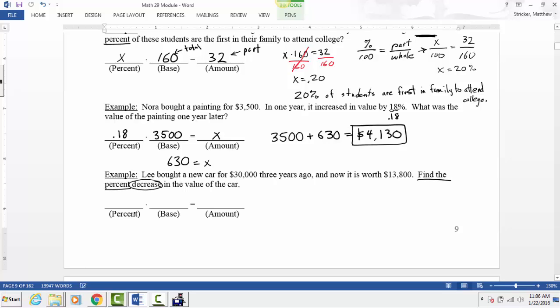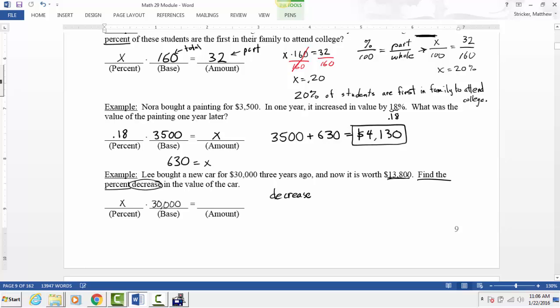So we know in our percent equation, this is what we don't know. We don't know the x. But we know our base amount. Our base amount is the value of the car, the original value, which is $30,000. And we want to know the percent of decrease. So how much did it decrease by?